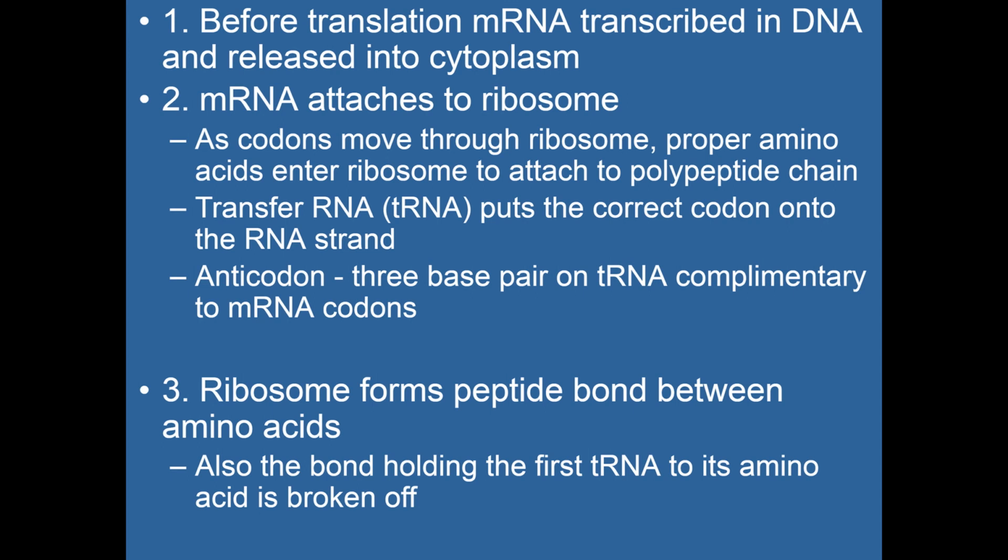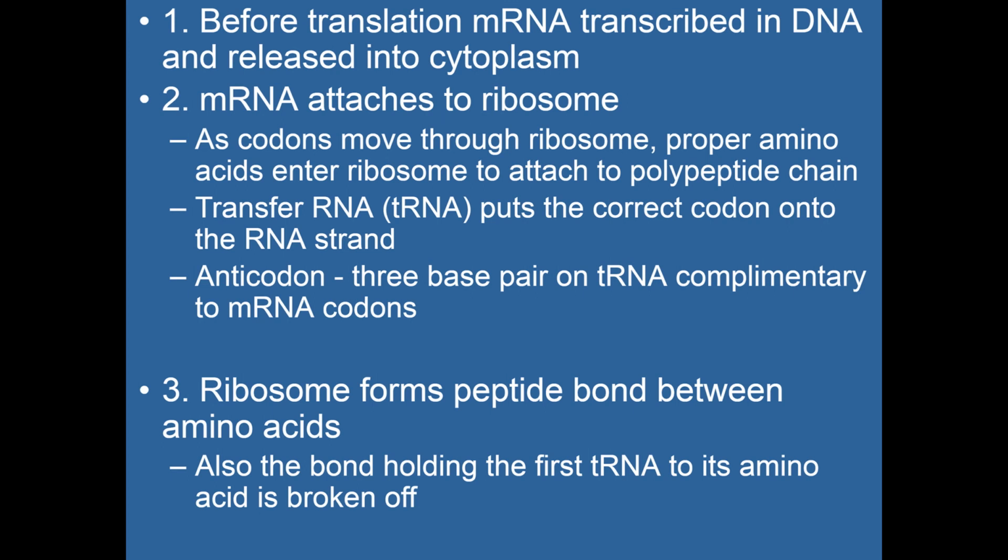As codons move through the ribosome, proper amino acids enter the ribosome to attach to polypeptide chains. Transfer RNA, the tRNA, which we haven't really talked about yet, puts the correct amino acid onto the chain. Anticodons are three bases on tRNA complementary to the mRNA codons. So they're kind of like the opposite of the base pairs, like the U would go with the A and the G would go with the C.